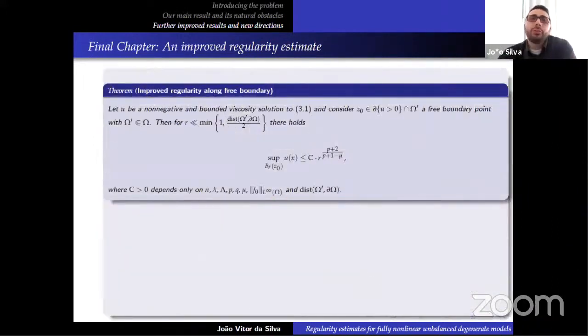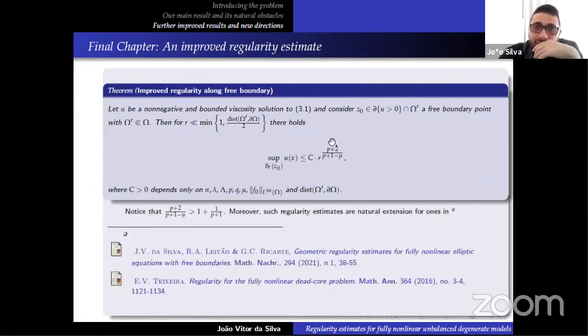At a point of the free boundary, we prove an unexpected gain of smoothness in the following sense. Solutions decay in this order. What is the magical information in this exponent? This exponent is strictly less than 1 over 1 plus 1 over p plus 1.